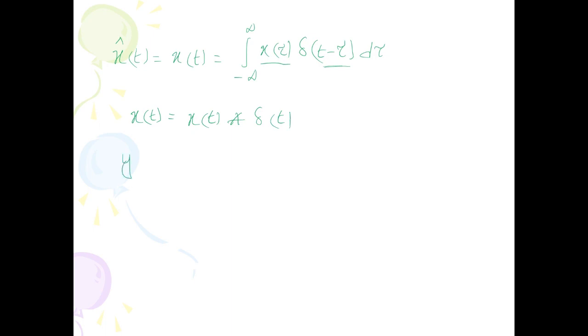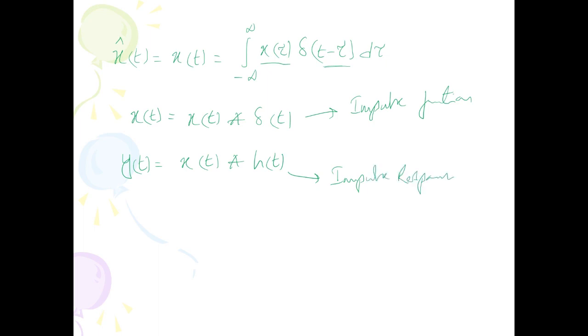As we know, y of t is equal to the convolution between x of t and h of t. So delta of t is the impulse function, and h of t is the corresponding response, the impulse response.